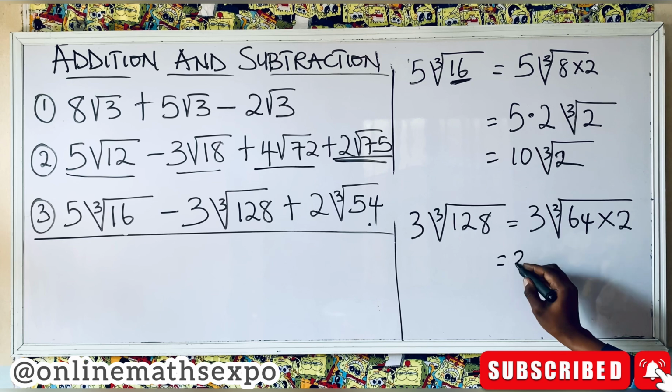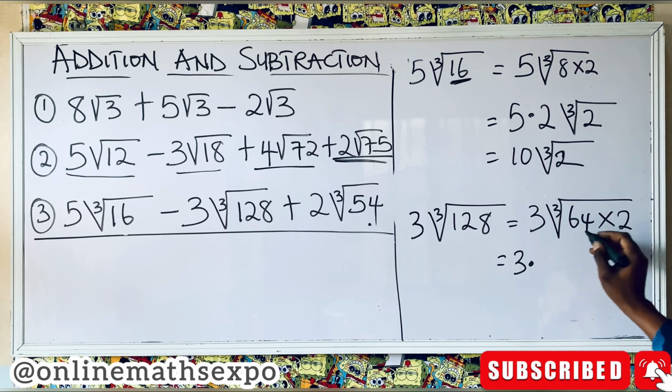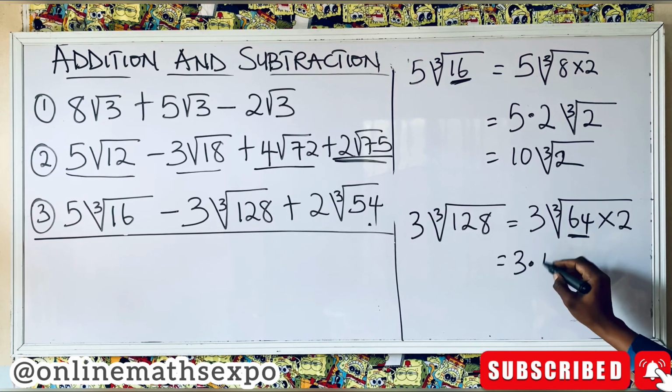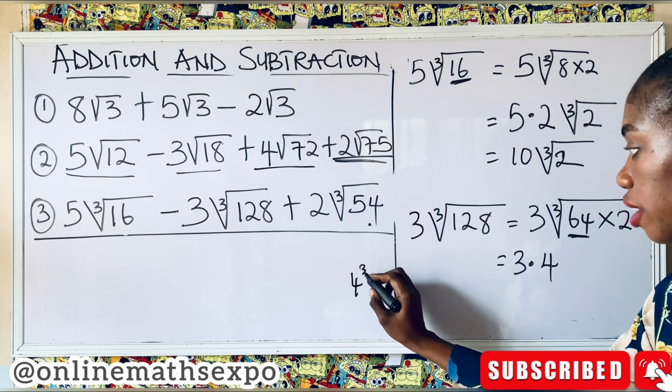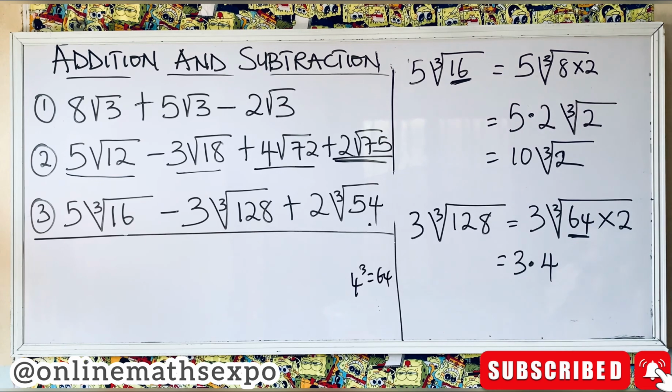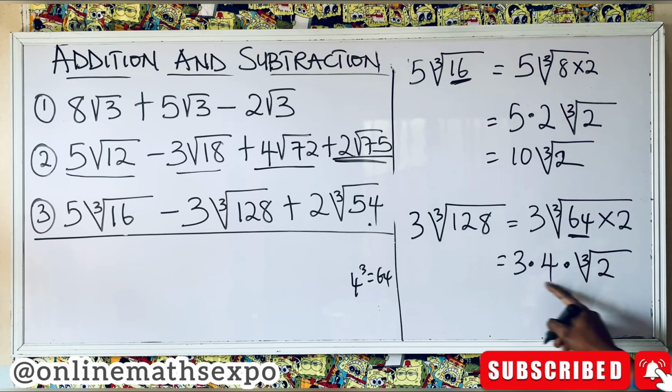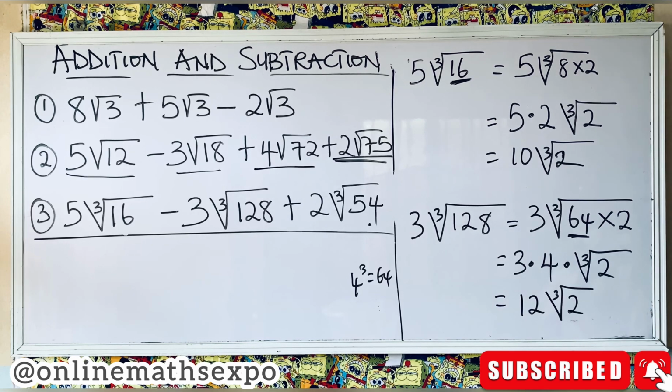So we're going to have 3 multiplied by the cube root of 64. Since it's a perfect cube, the cube root will give us 4, because 4 raised to power 3 gives us 64. This one is not perfect, so it will remain in the root. So if you multiply this, you have 12 cube root of 2.